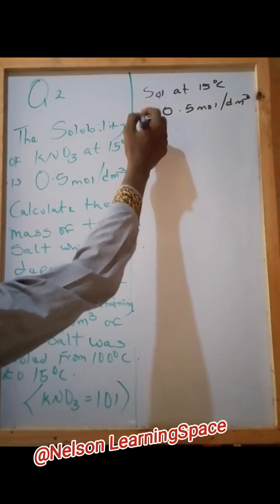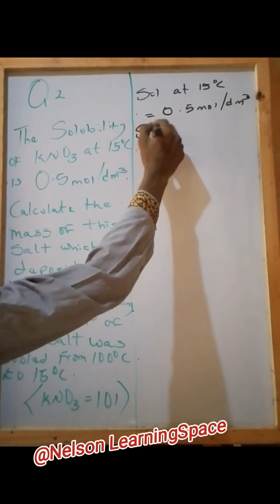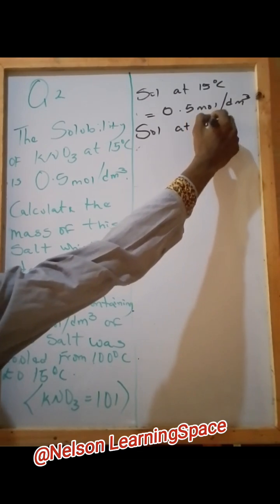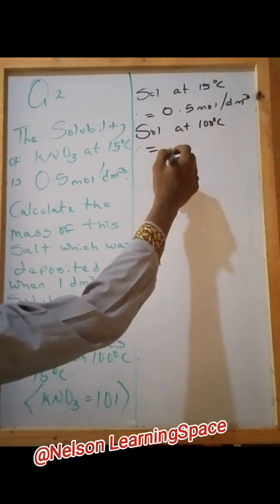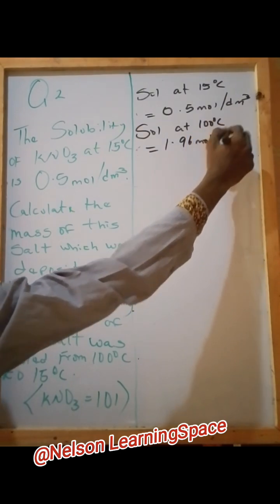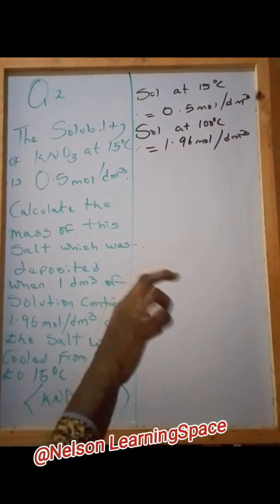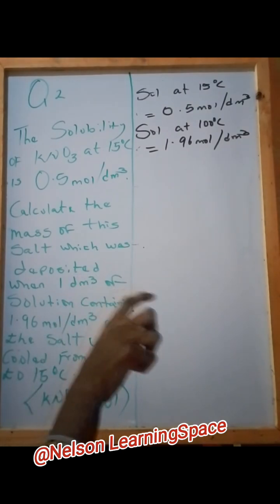Then we have the solubility at 100 degrees Celsius, which is equal to 1.96 mole per dm cube. The question said it was cooled from 100 degrees Celsius to 15 degrees Celsius. It's that interval, the one in between, that's what we're looking for.